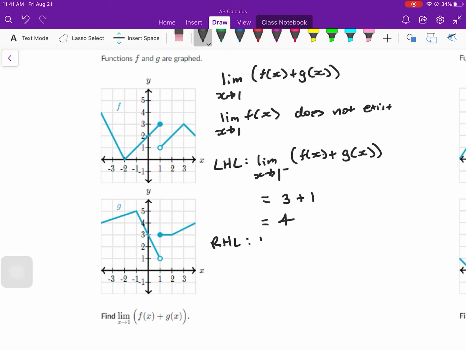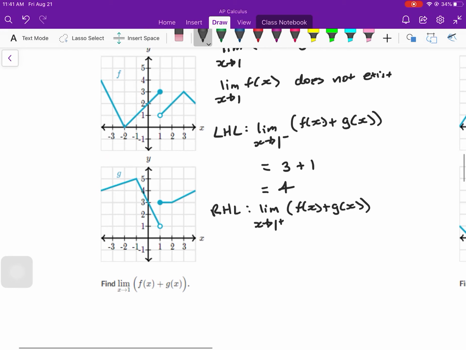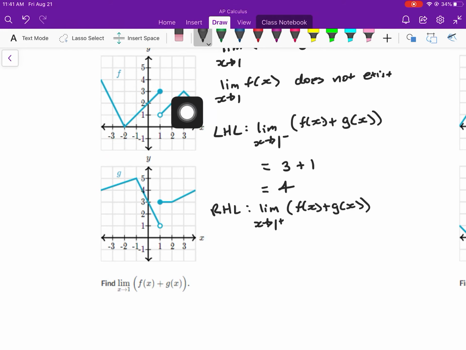Then let's try the right-hand limit. The limit as x approaches 1 from the right is 1 for f of x, plus 3 for g, which, guess what, is 4.